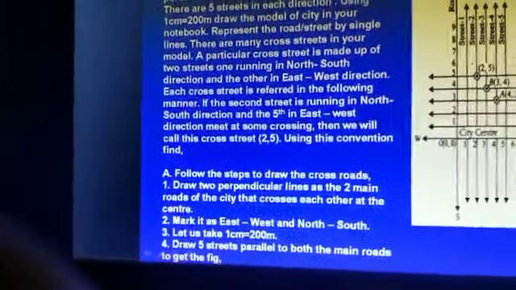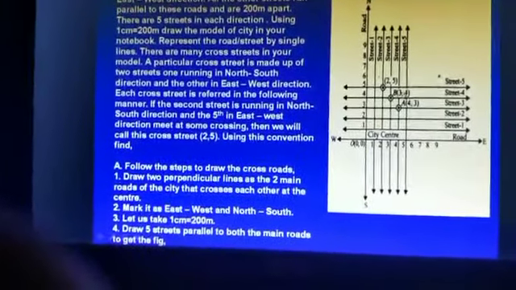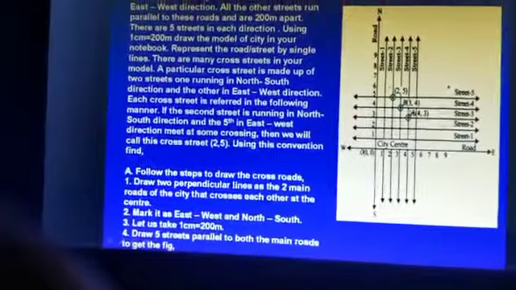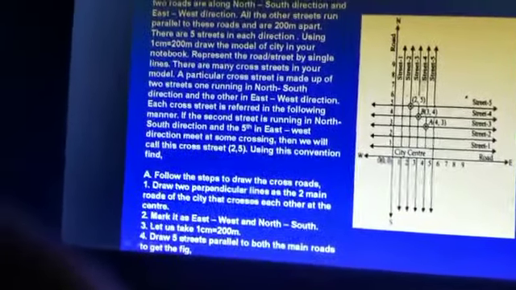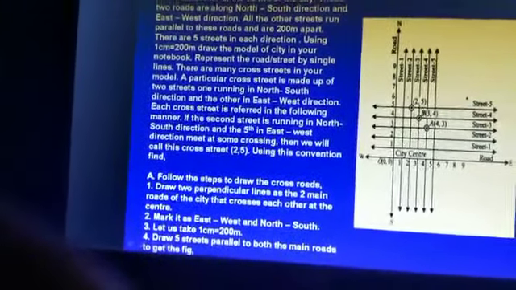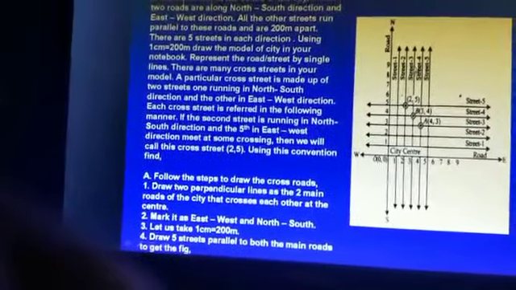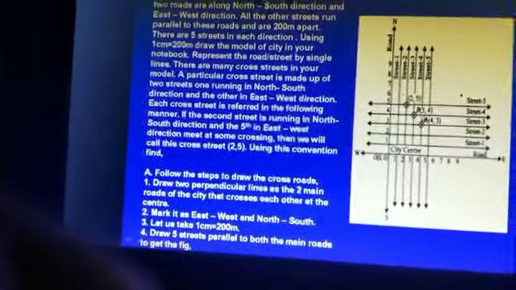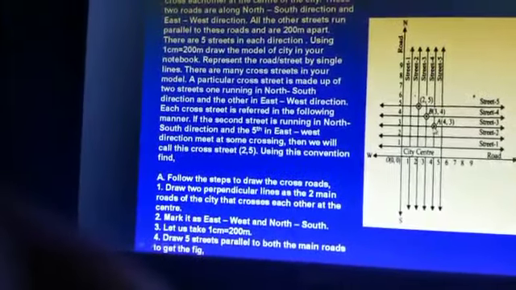After getting the figure, can you say children how many cross streets are there? That is, what is the point of intersection? How many points of intersection do we get for street 3, street 4? Can you observe here? Only one point of intersection is there. And for street 4 and street 3 also there is only one point of intersection.